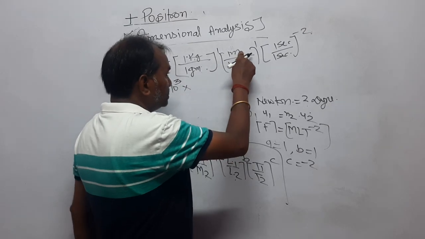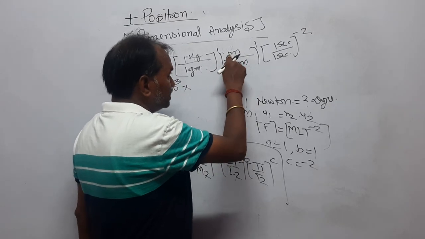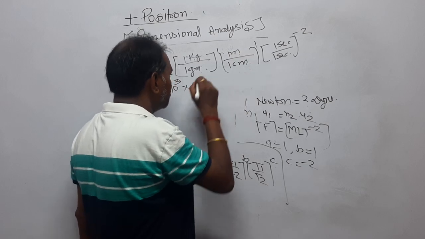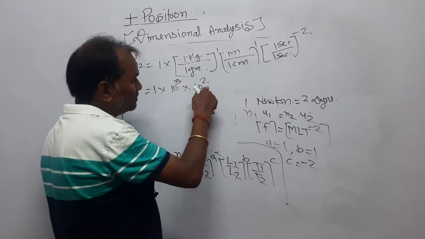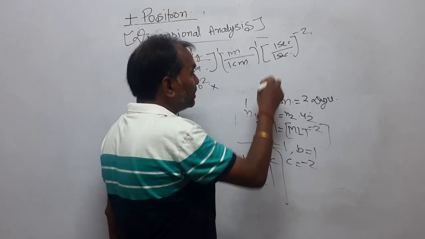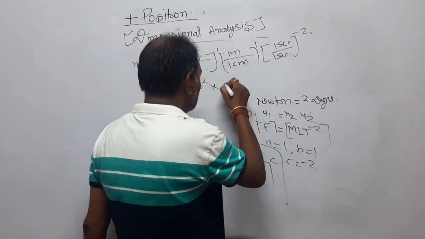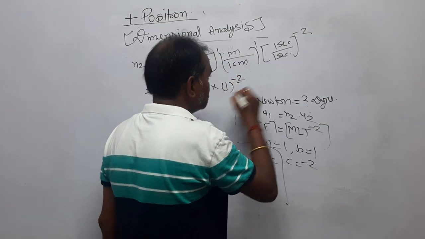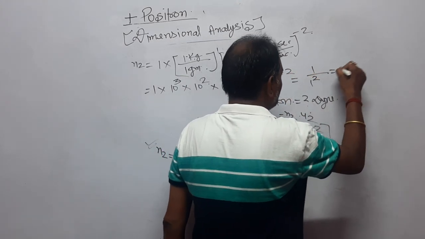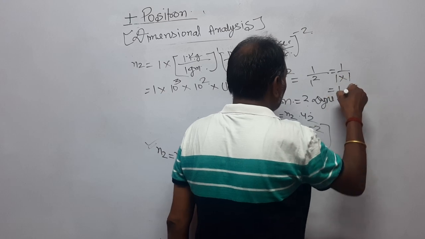Now 1 meter upon 1 centimeter will become 100 centimeter divided by 1 centimeter, 10 to the power 2, and power 1 remains the same. Now 1 upon 1 is 1, so you can write it as 1 to the power minus 2. 1 to the power minus 2 is what? 1 upon 1 square, that is 1 upon 1 into 1, that is 1.